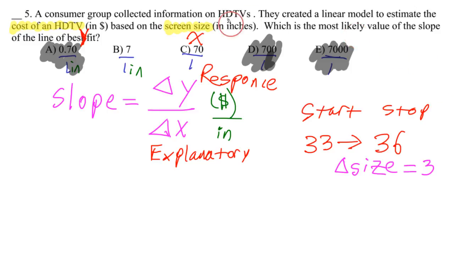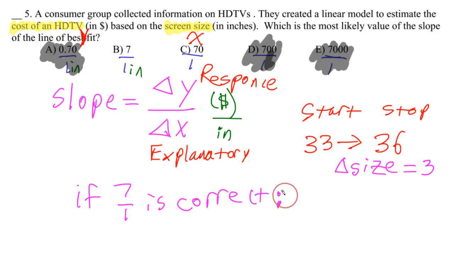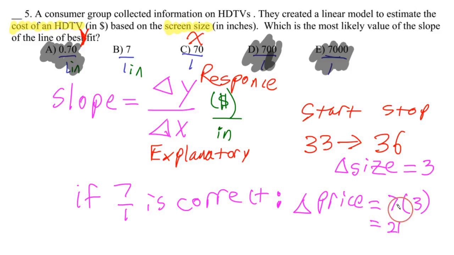If we use B as our possible slope, if 7/1 is correct, then the change in price would be equal to 7 times 3, because for every 1 extra inch, we're paying $7 extra. So the change in price would be $21.